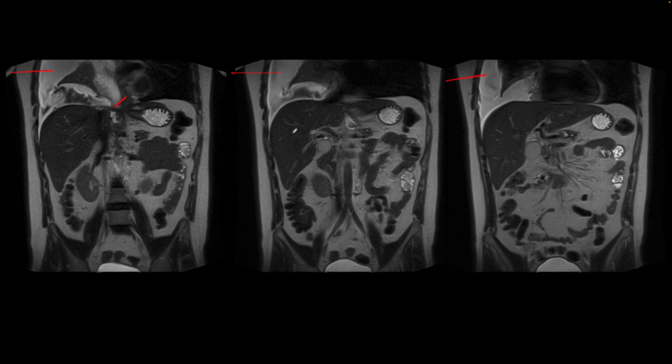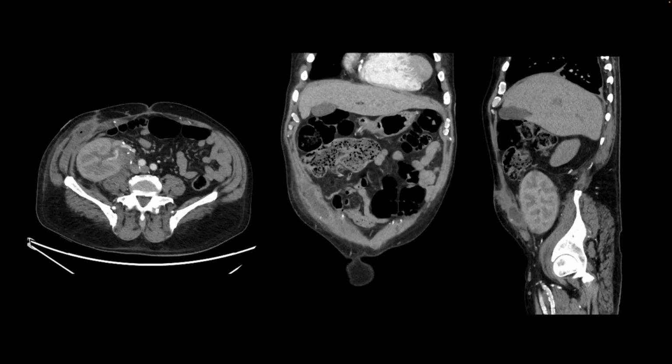And on these coronal images, I'm trying to show you how this collection tracks from the pleural space towards the pancreas, where there is a disruption in the duct of the pancreas. So they had acute pancreatitis leading to ductal disruption, leakage of pancreatic fluid, which found a fistulous communication through the diaphragm into the right pleural space, and they have a moderate sized pleural effusion. So a pancreatico-pleural fistula.